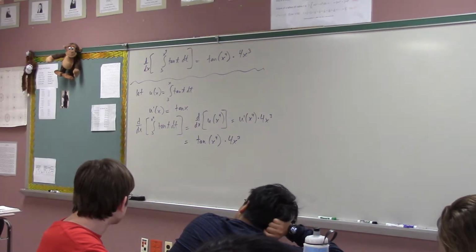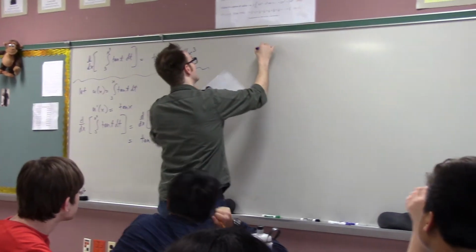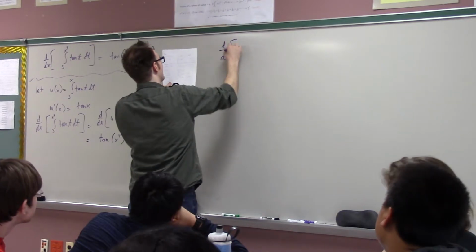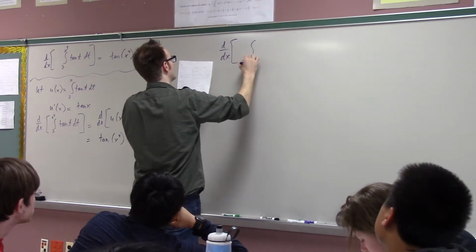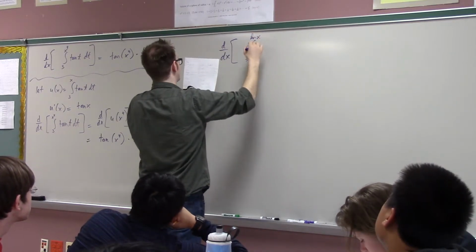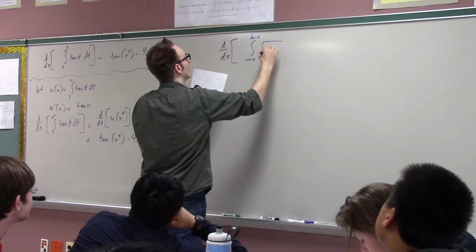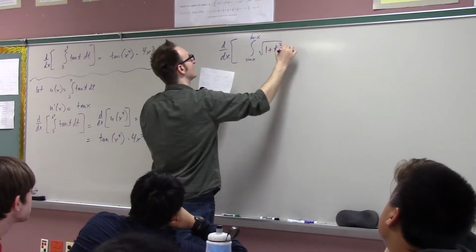Alright, so thoughts? Cool. Then I could just be a jerk and give you a super weird hard one. Like this: what is the derivative of the integral from sine x to ln x of root 1 plus t squared dt?